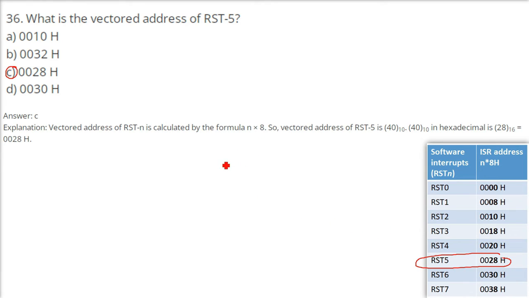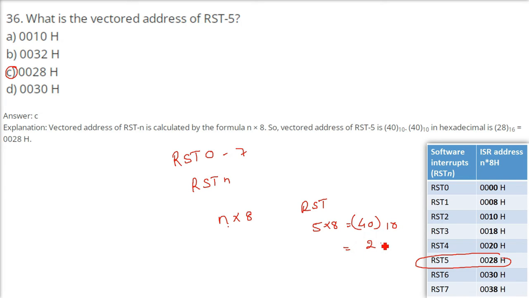The vectored address of RST n, where n can be from 0 to 7, is n into 8. For RST 5, put 5 in place of n: 5 eights are 40, in decimal form. You have to change it into hexadecimal, which is 28. This is how you find it.